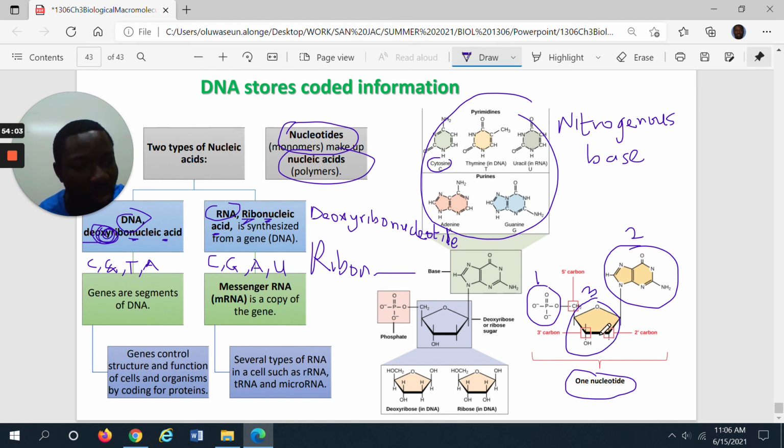But when you get to this point, they are also not going to have the same ribose sugar. They both have a 5-carbon sugar, but on this carbon 2, RNA is going to have OH here, but DNA will only have H here. And that's the difference.